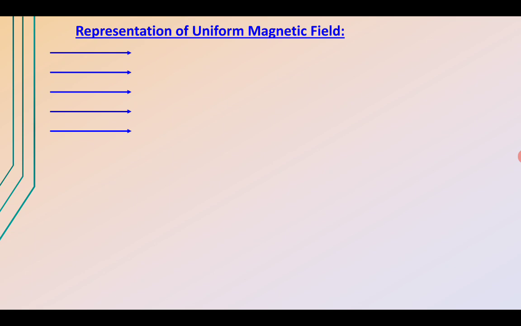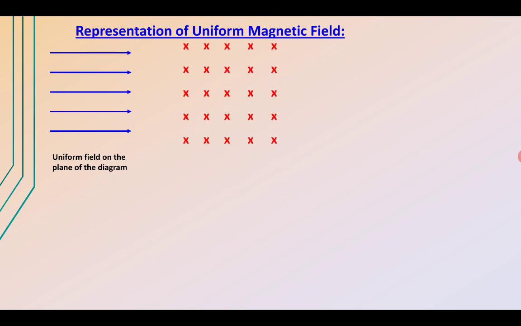A uniform magnetic field acting in the plane of the paper is represented by equidistant parallel lines as shown in this figure. A uniform magnetic field acting perpendicular to the paper and directed outwards is represented by dots, and if it is represented by crosses, the magnetic field is inward. So this is the case of a uniform magnetic field in the plane of the paper or diagram.